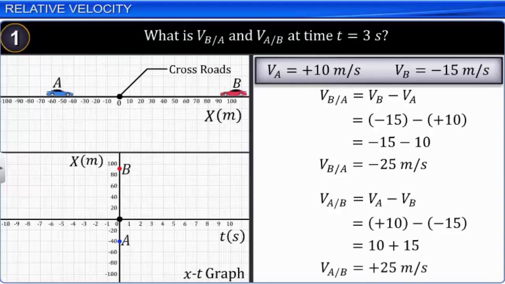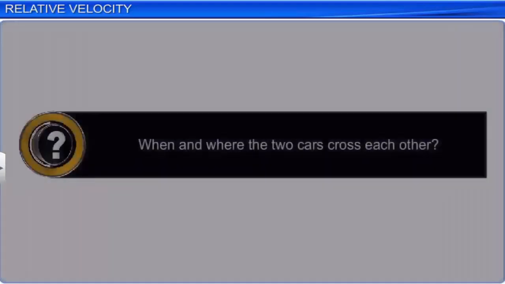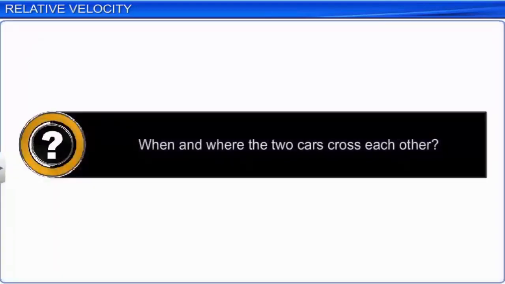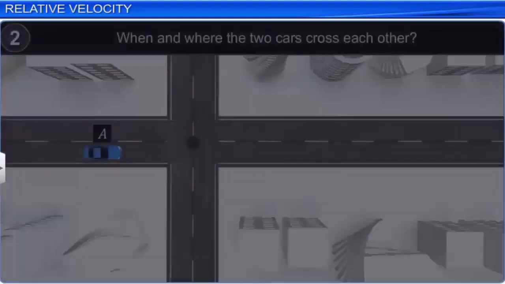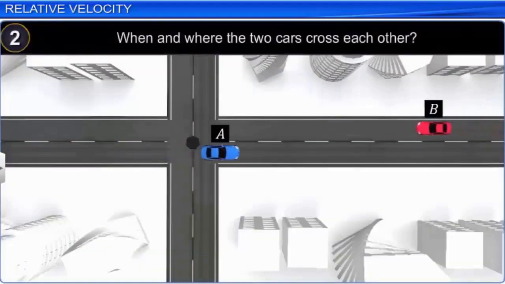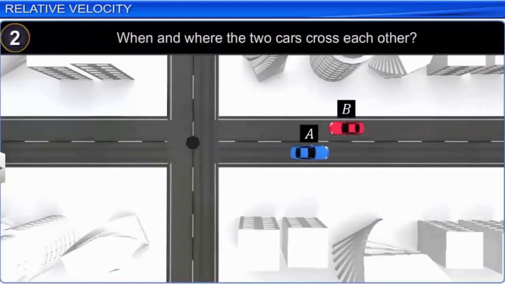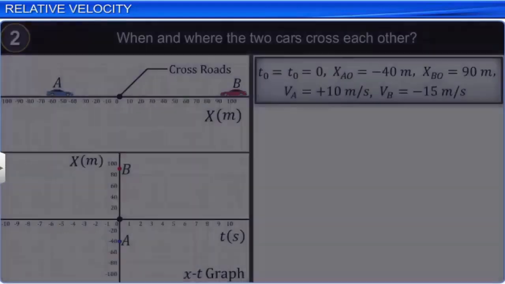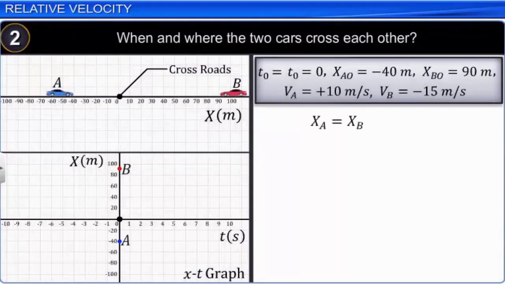When and where do the two cars cross each other? When the two cars cross each other, their position coordinate is the same. That is, XA is equal to XB, which is equation 1. Here, XA is equal to XAO plus VA into T minus T naught.